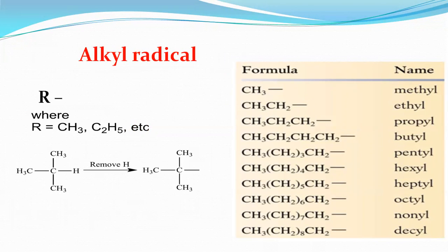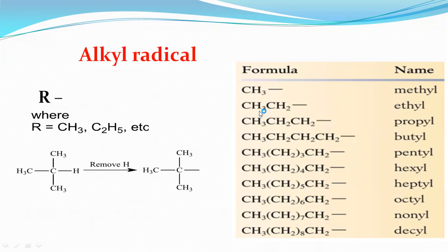Before studying the functional groups in detail, first you should know about the alkyl radical. Here R, with a dash, means an unused valency, where R is CH3, C2H5. From CH4, if we replace one hydrogen we get CH3, called the methyl radical.